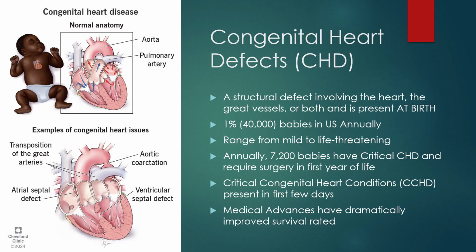So these conditions may be known before birth, but often they're discovered in the first few weeks after delivery as the baby's circulation is adapting to the demands of extrauterine life. Because before delivery, they're using mom's circulation. And once we cut that cord and it transitions from fetal circulation to newborn circulation, that's when a lot of these conditions become problematic.